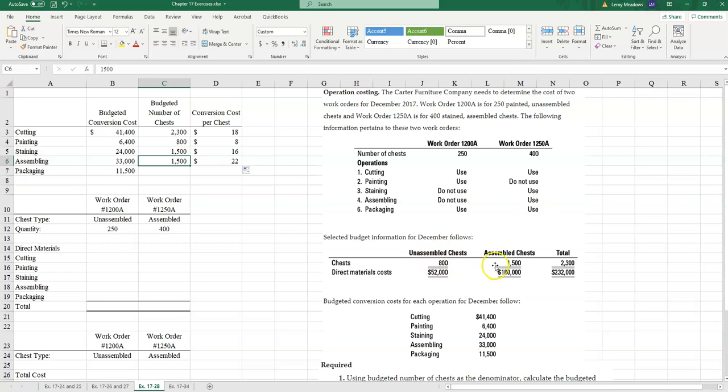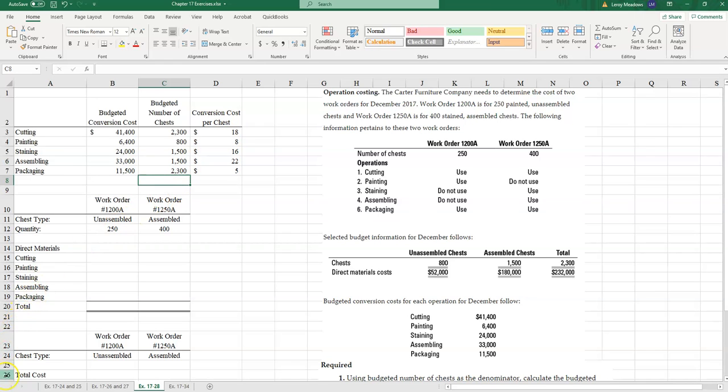So since both of them require packaging, I want to take the total of both of those, 2,300, and that's what I'm going to spread my packaging costs over. And that's going to give me a packaging cost of $5 per chest. So now I've got my conversion cost per chest for those chests that pass through each operation here.